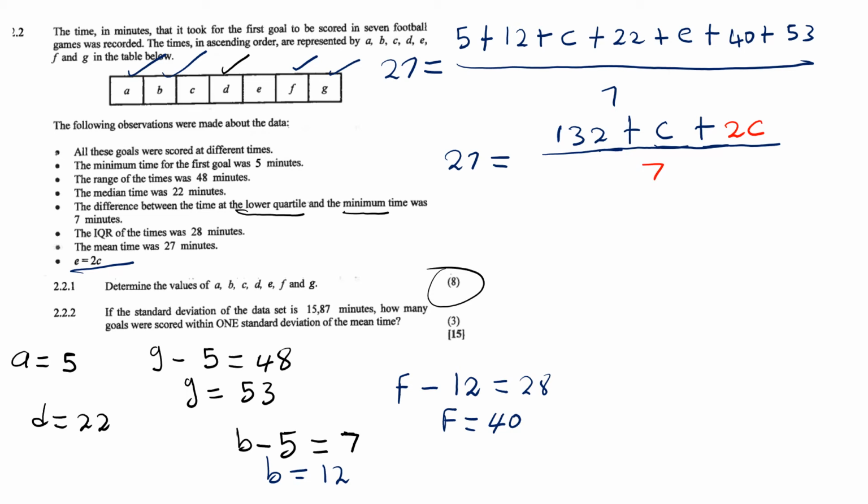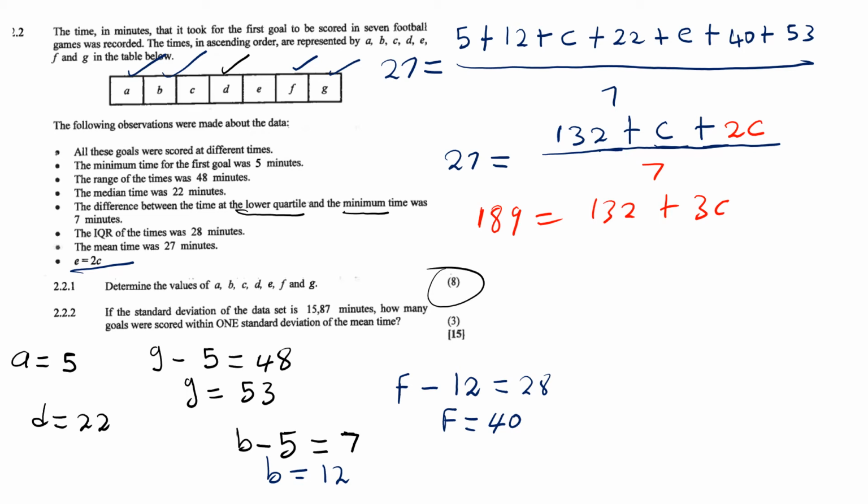So we're going to multiply everything by 7. 27 multiplied by 7, what is the answer? I think we get 189. You can confirm. Yes, 189 equals 132 plus 3C, because 2C and C is 3C.